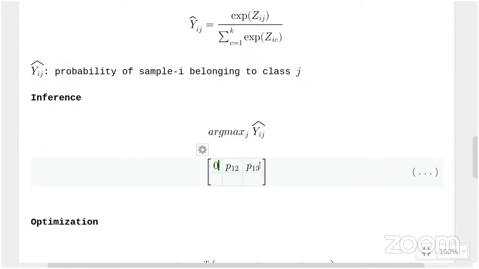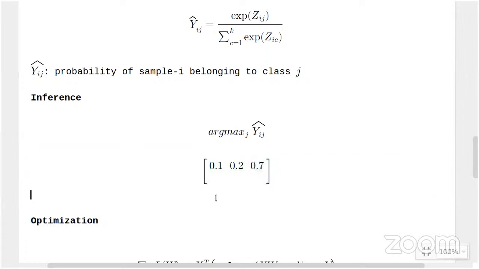For example, if this is 0.1, this could be 0.2, then this will be 0.7. Argmax says look at these three values and check the maximum value, that is 0.7. 0.7 belongs to class 3, so you predict this data point as belonging to class 3. The output will be 3. The predicted label will be 3.